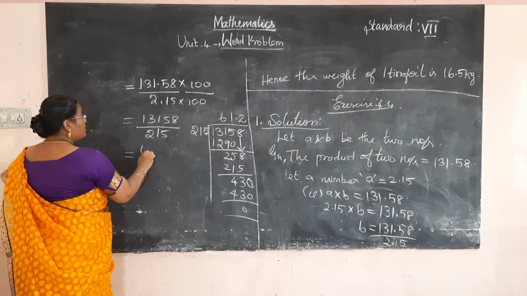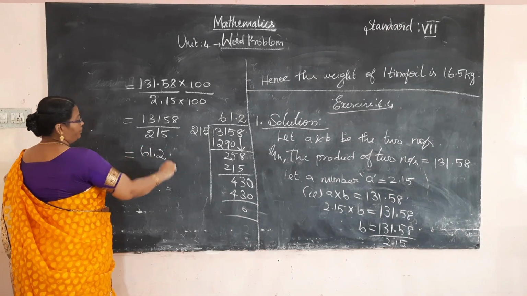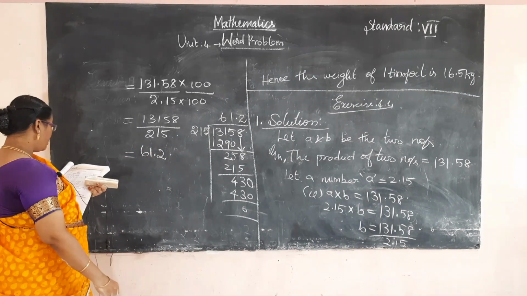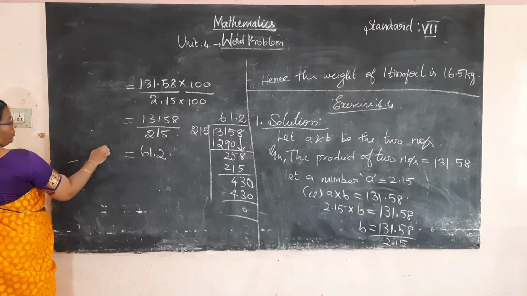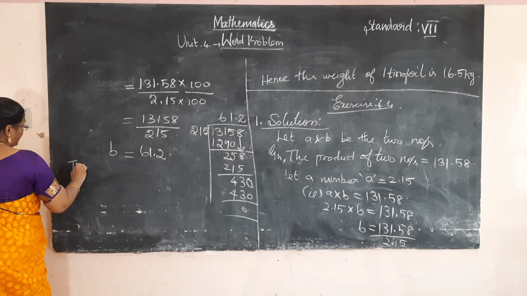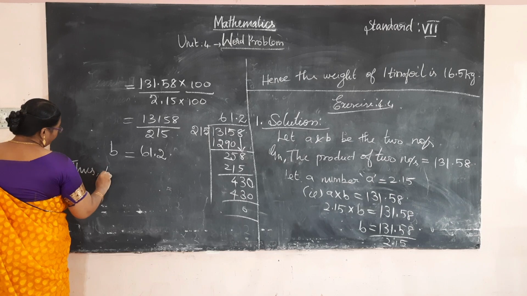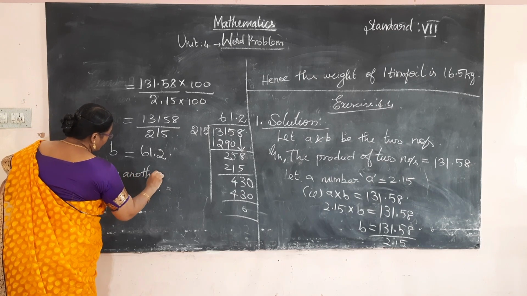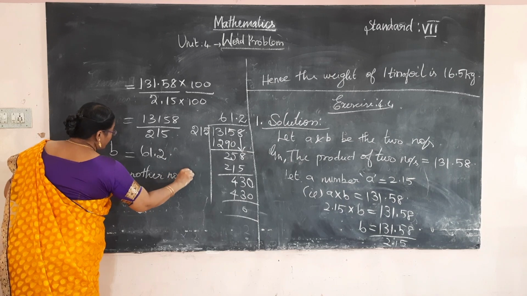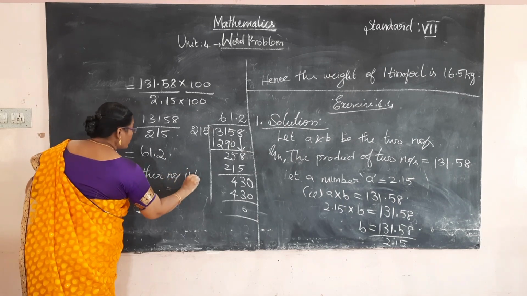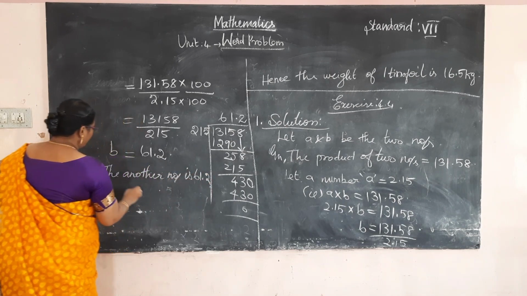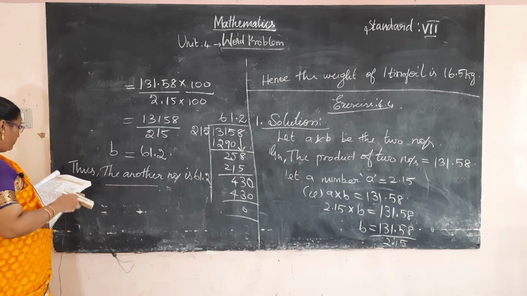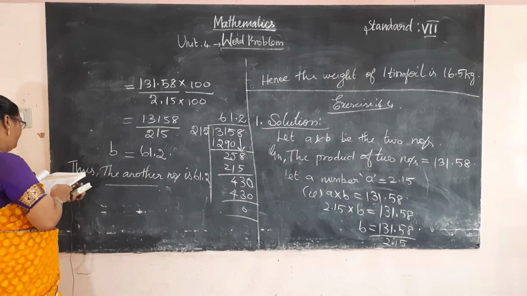So what is the value? 61.2. Thus the other number B is 61.2. That's it.